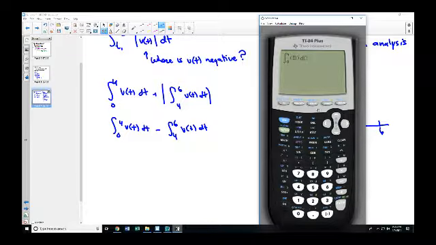Alpha trace, y1. Then you press enter, and you get an answer: 49.3333333. But actually, we take 3 to 1.